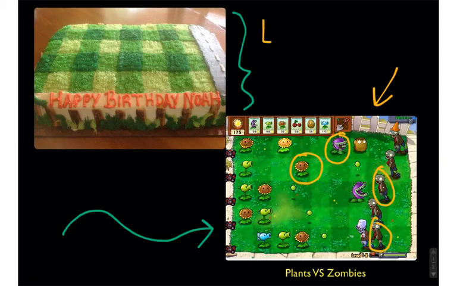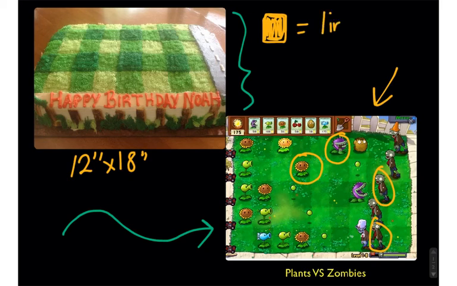Like when I had a square unit of measurement, do you think that it was 1 yard? No, of course not. What about an acre? Absurd, right? No, this cake was 12 inches by 18 inches, and so every unit equaled 1 inch.